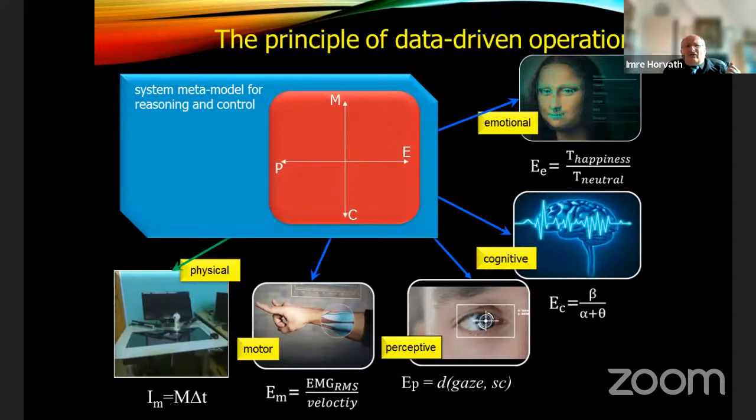So here are the four axes I already mentioned beforehand. And as I mentioned, there was no default value. When we started the exercise, we had a starting situation recorded with regard to the values obtained in the motor, the perceptive, the cognitive, and the emotional domain. And then there was progress as the patient went further through the exercises.